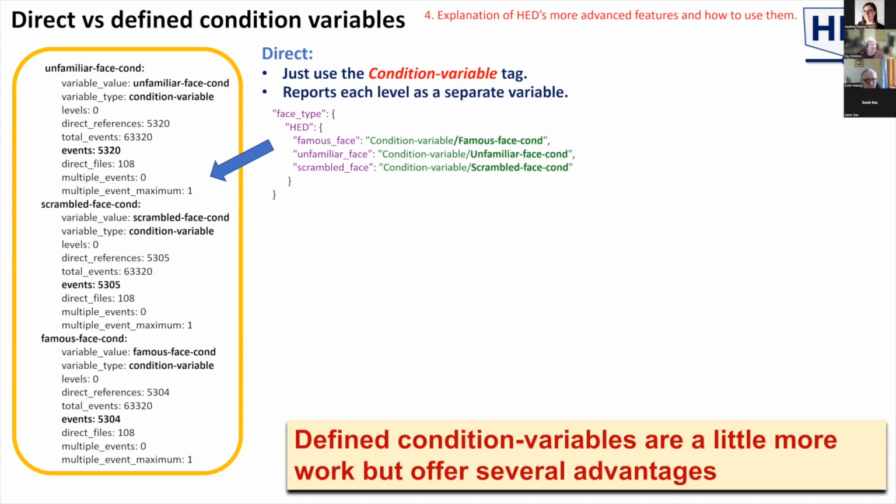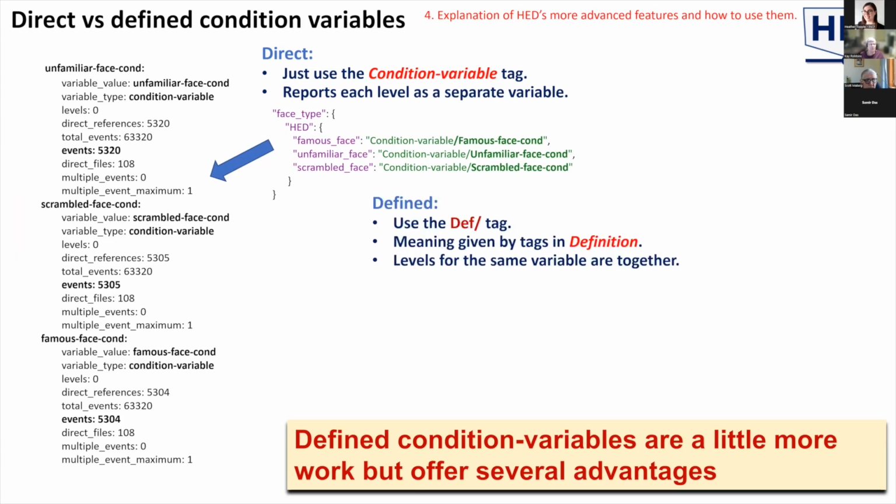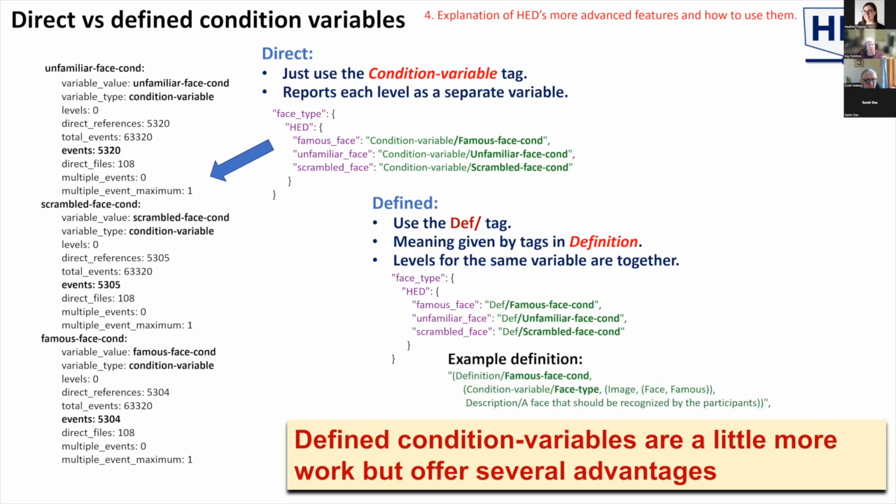So you can get the automatic summaries, but it doesn't relate any of these three as being varying levels of a single condition variable. So you miss the design matrix aspect of this. With defined, instead of the condition variable, you use the def tag, and you have to give the meaning of the tags in some definition.